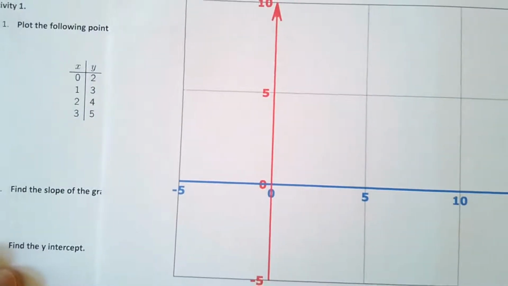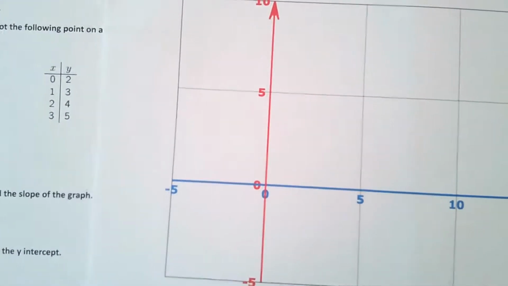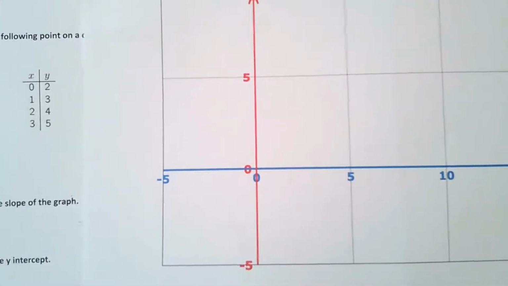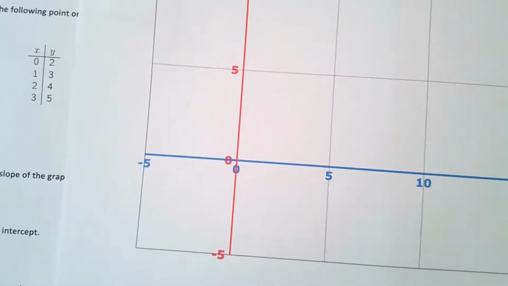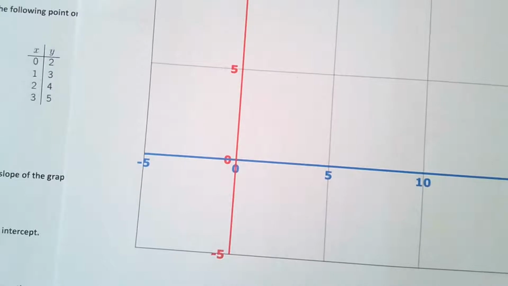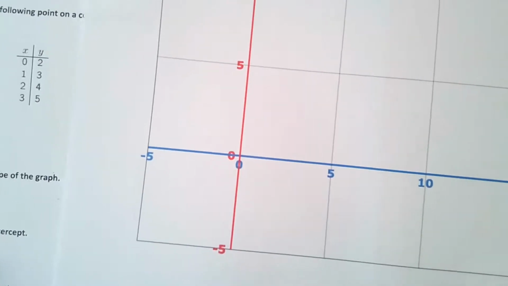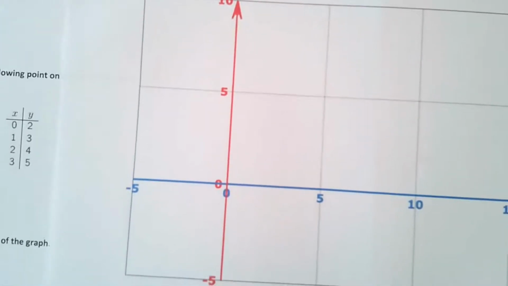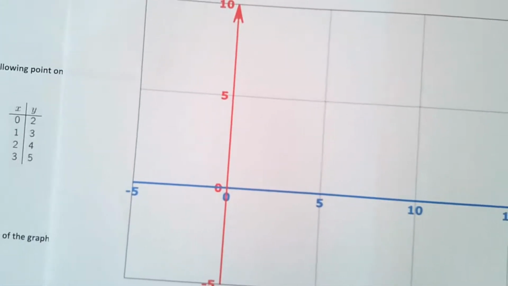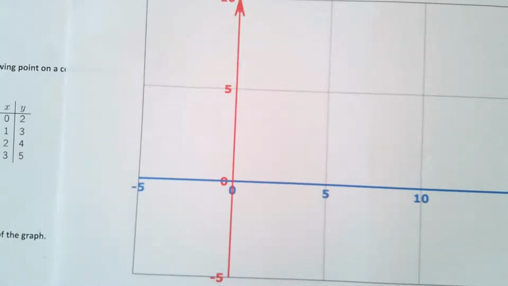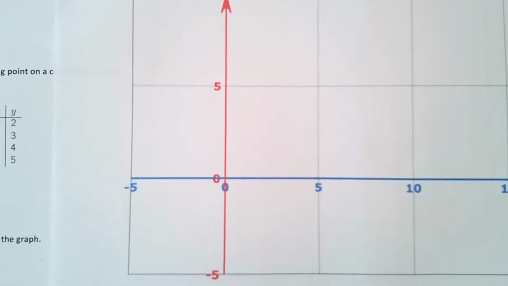And here's my coordinate plane. I'm going to create a scatter plot. Now, we can use our calculator, but I don't want to use it now. I'm just going to show you how to do it without a calculator at this point, so you're not wondering too much how it came about.